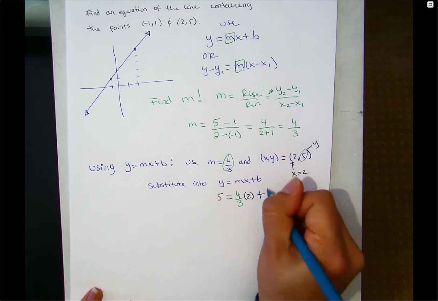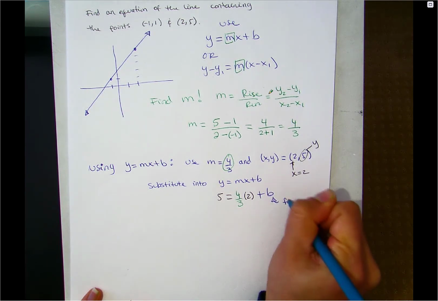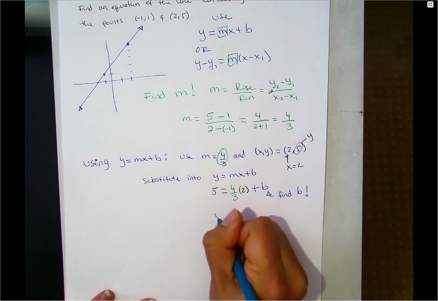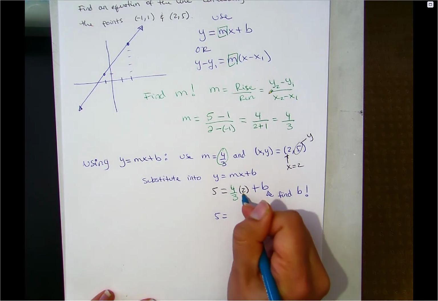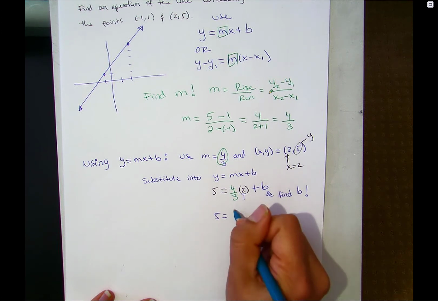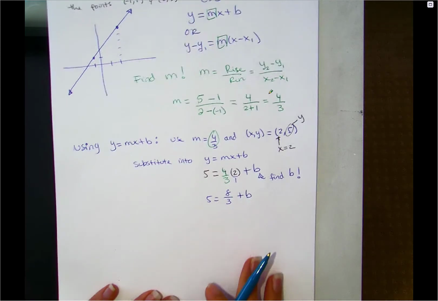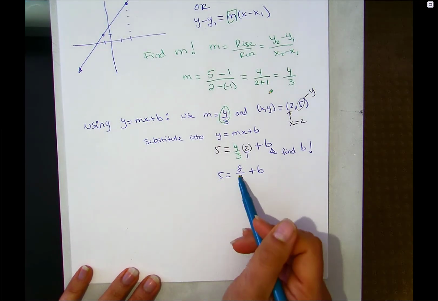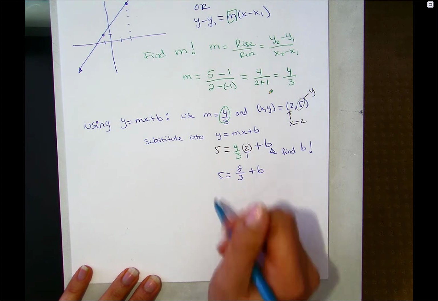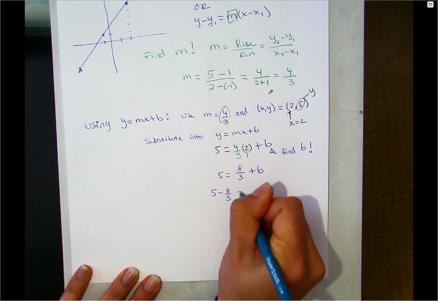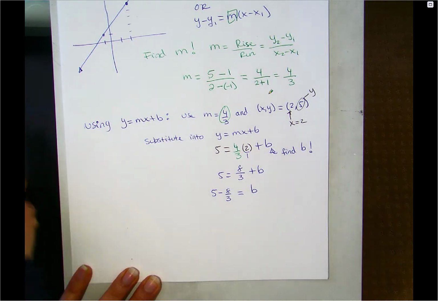So when I do it this way, I need to find b. I'm going to have 5 equals, this is like 2 over 1, so 4 times 2 is 8, 3 times 1 is 3, plus b. And how do you solve for b? We need to subtract 8/3. So I'm going to have 5 minus 8/3 equals b.